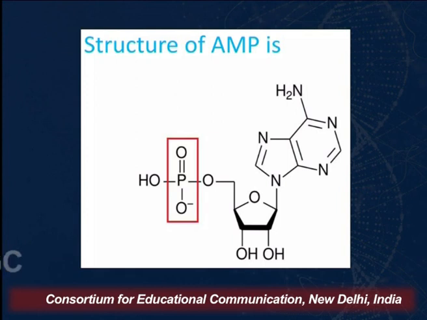So if we look into the structure of AMP, what do we find here? That this is ribose sugar, and the phosphoric acid is undergoing an esterification reaction with the OH on the 5th carbon, resulting in AMP, that is adenosine monophosphate.